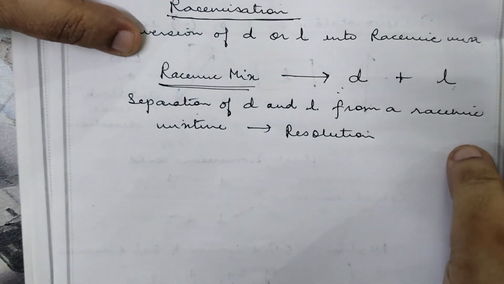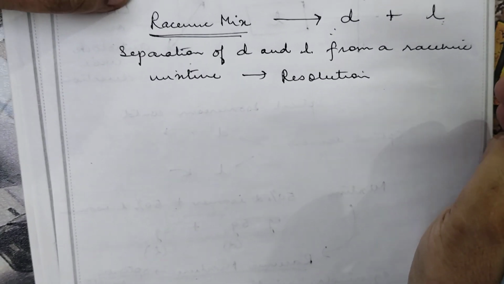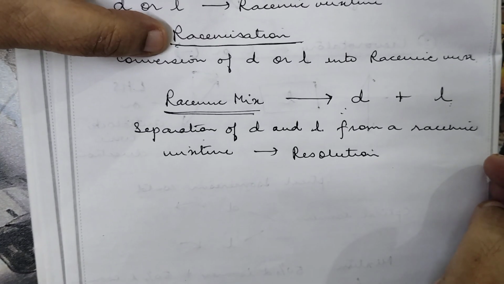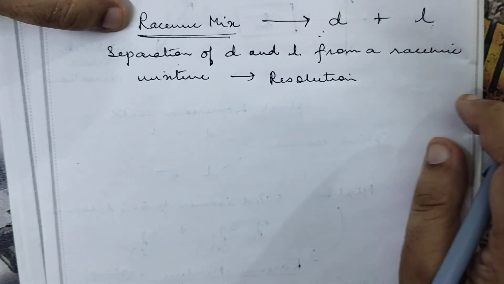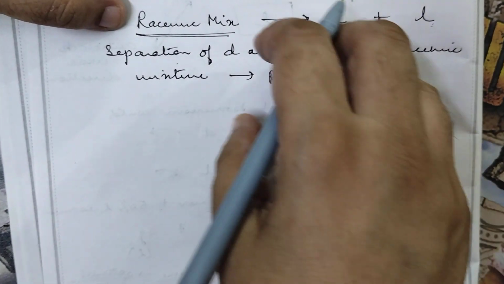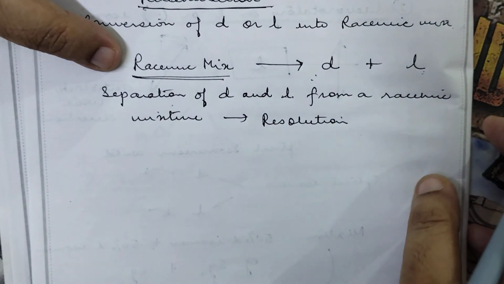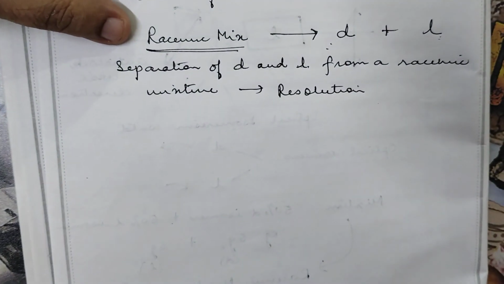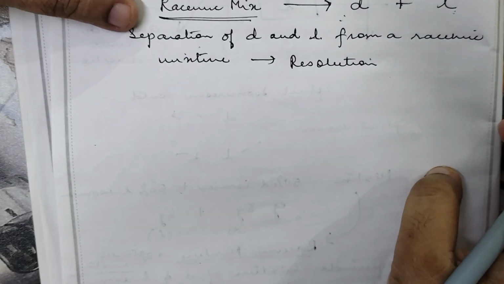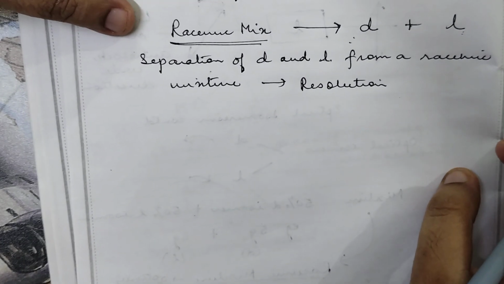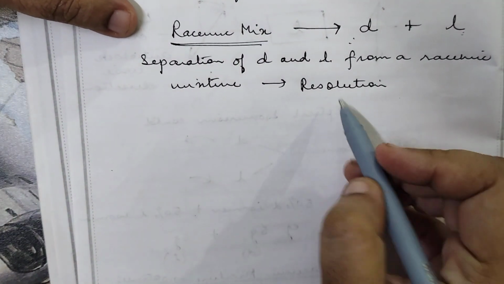When D or L is given to you and you want to make a racemic mixture, the phenomenon is called racemization. And if a racemic mixture is given to you and you separate it into D and L, one container with D isomer and one with L isomer, the separation is called resolution. So these are a few important terms: racemic mixture, racemization, and resolution.